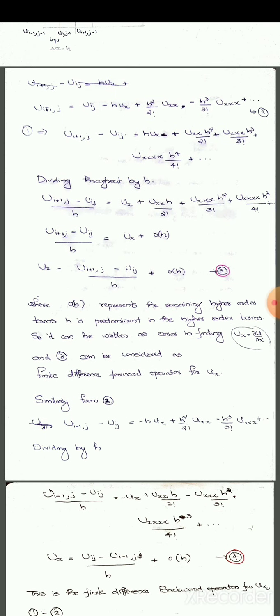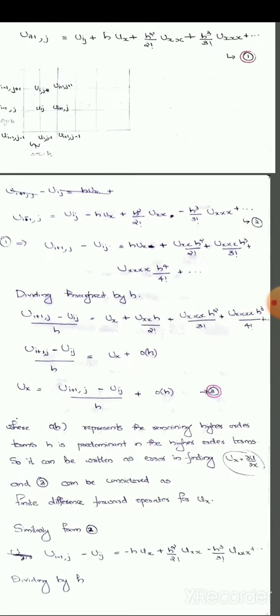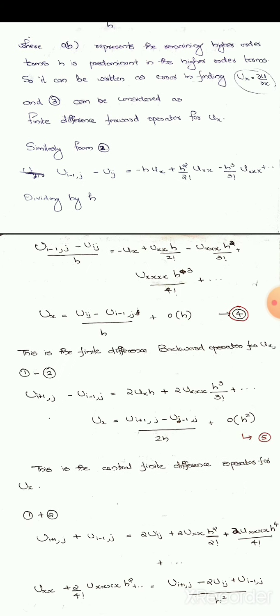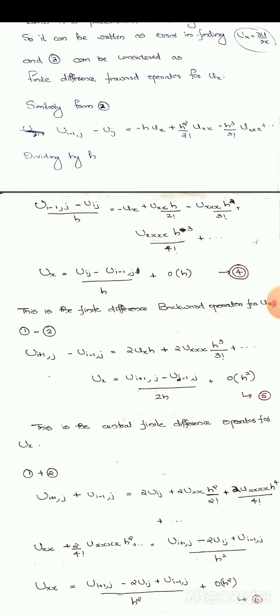Similarly, u(i-1, j) in equation number 2 can be changed to ux in another form, the backward difference operator form, represented as equation number 4.